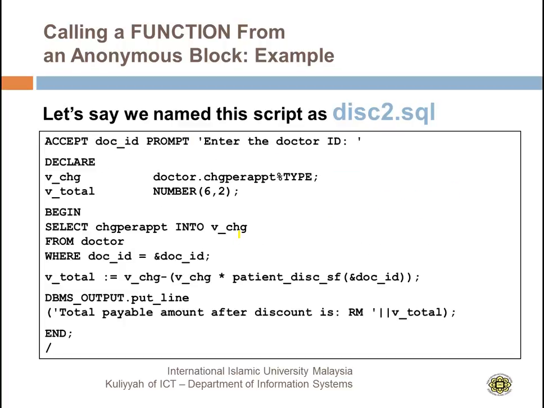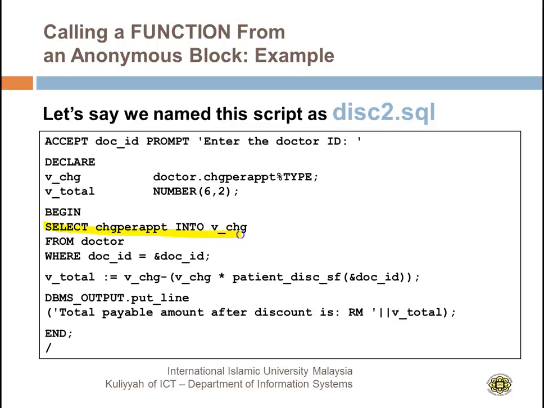So once you have that, as I said earlier, you can also work with calculations. In this case, if you want to know how much the person has to pay, in the second example, in the second anonymous block, what I did was create a select statement.